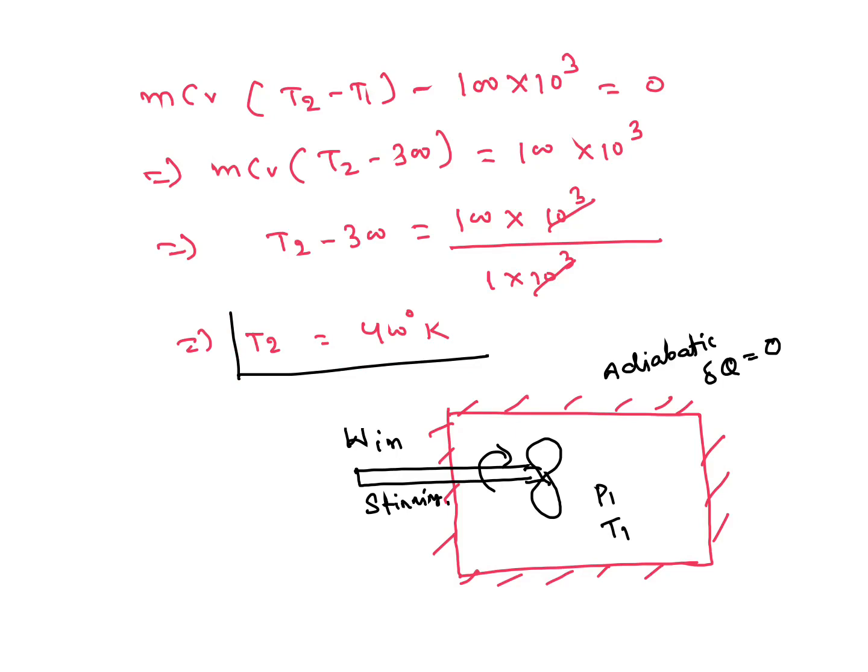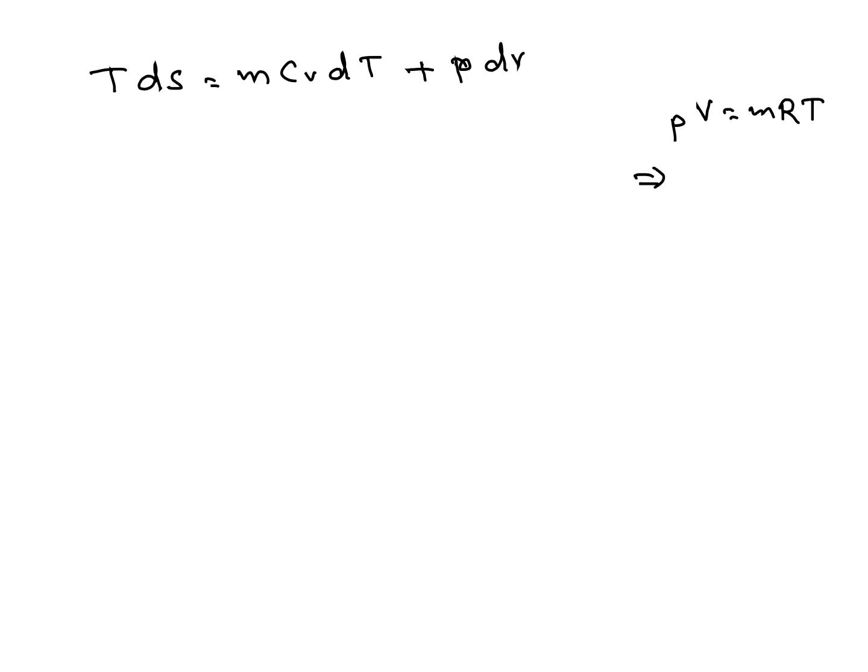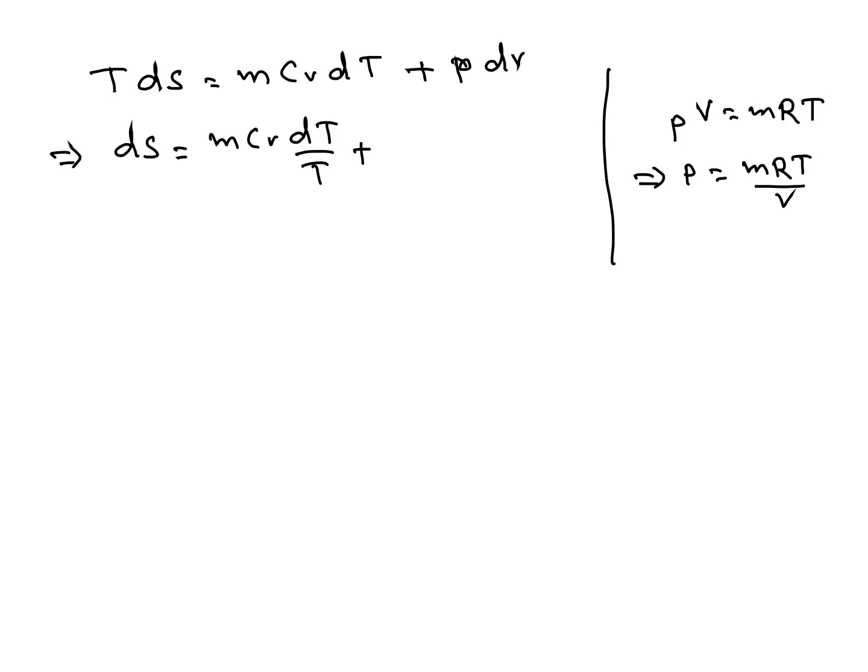Then the entropy equation: T dS equal to m Cv dT plus P dV. PV equal to mRT, so P equal to mRT by V. We will apply this one. dS equal to m Cv dT by T plus P value, mRT by V, dV.